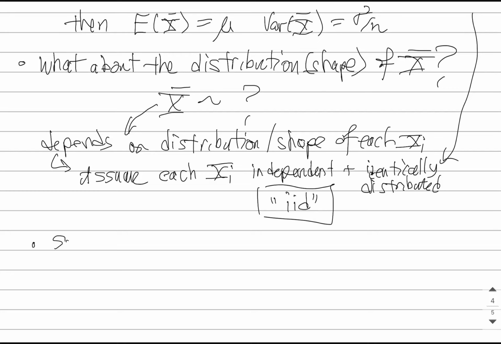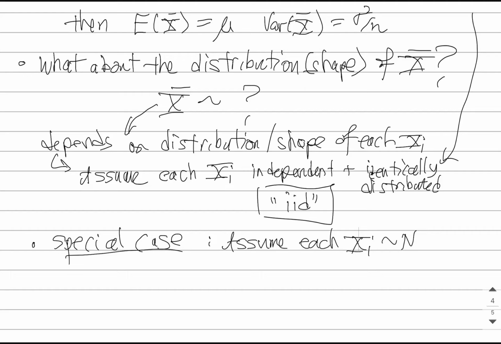So we are going to talk about a very special case. We are going to assume that each xi is a normal distribution, some normal variable with mu and sigma squared.